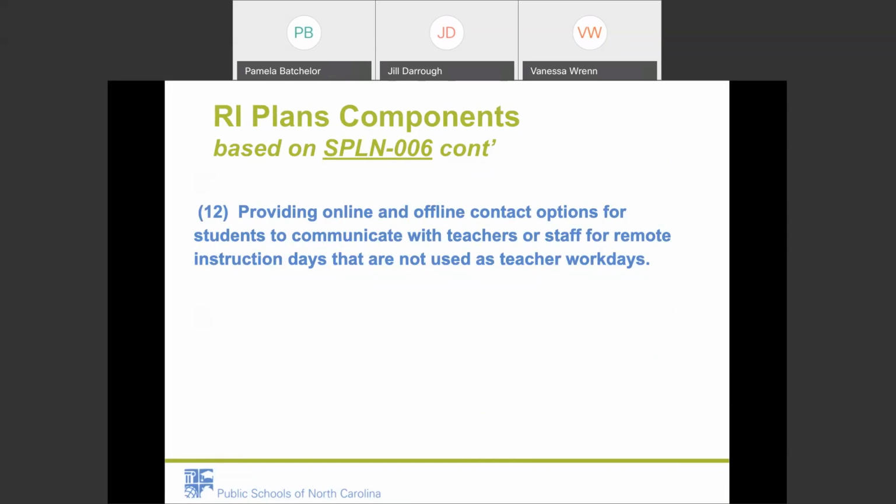In the event that it says online and offline options for students, is that the one you're talking about? So offline options are something we are looking at. How can a student contact you offline? We feel the intent of that is by phone, because we know if we have guidance for social distancing, that would need to be taken into account on how you would approach that item.